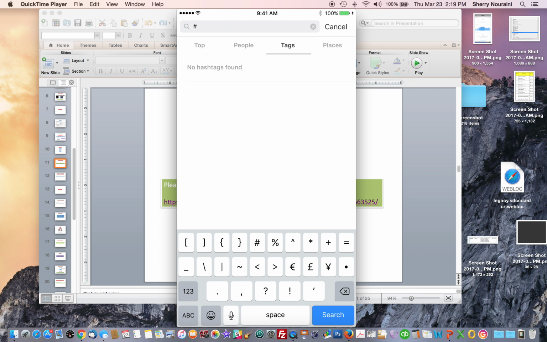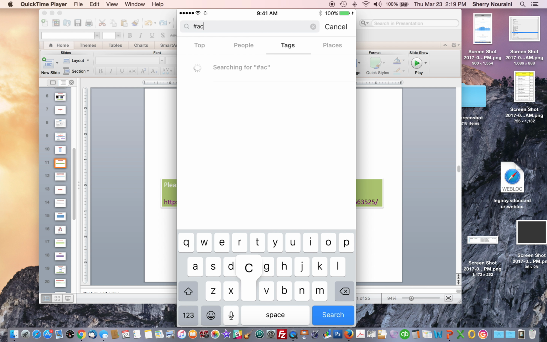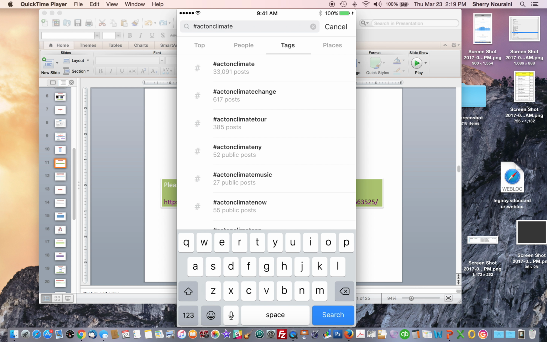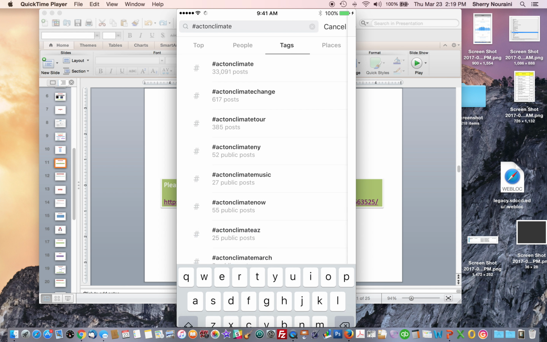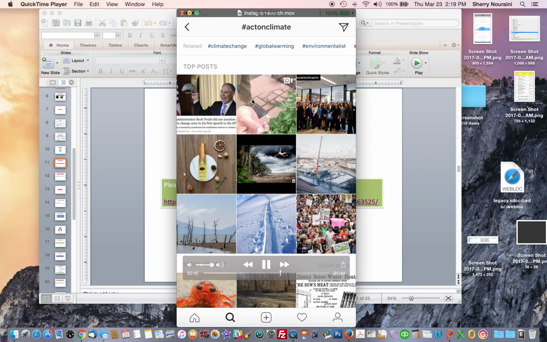This time we're going to try Act on Climate. This is another hashtag that is used pretty much by our target audience. First of all, when you do this, sometimes you get related hashtags on the very top that otherwise you might not have thought of. So that's great.